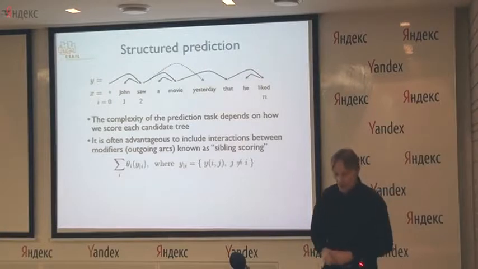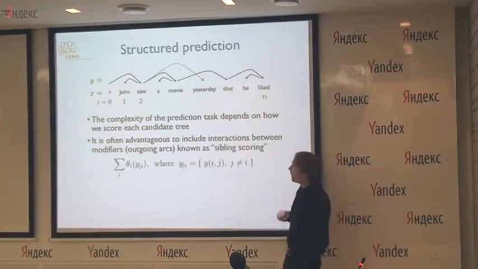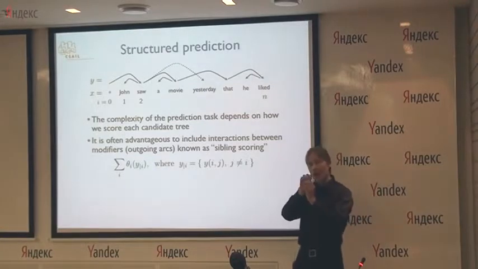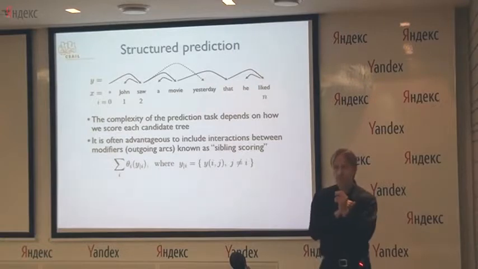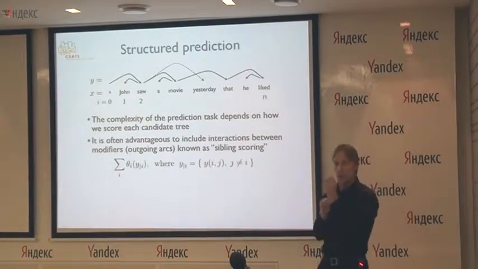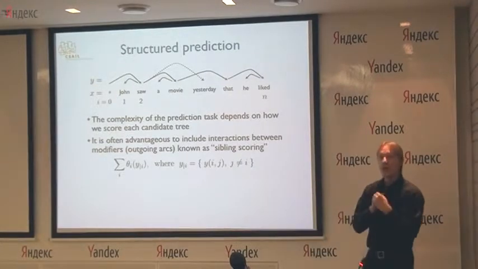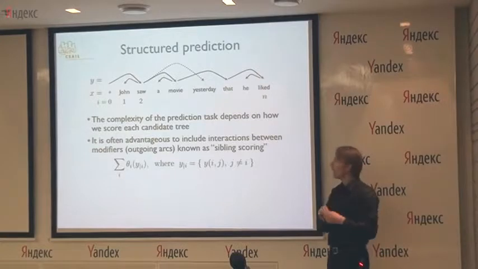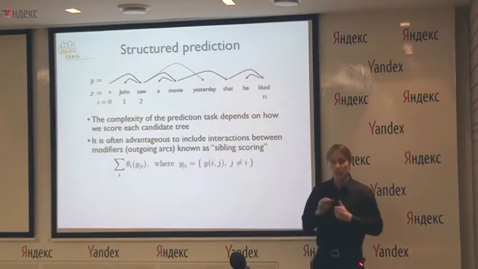All right? So this is something called sibling scoring. You take a word and look at all the outgoing arcs from that word. So look at all the other words in the sentence that modify that word and select those as a set. That individual problem, just maximizing that individual score here, may still be computationally tractable.